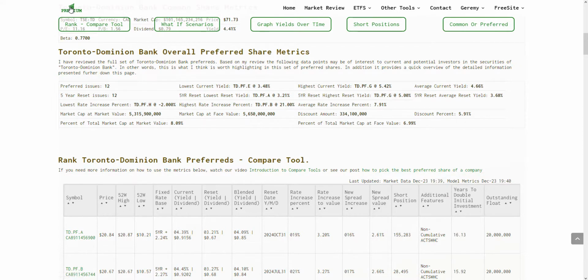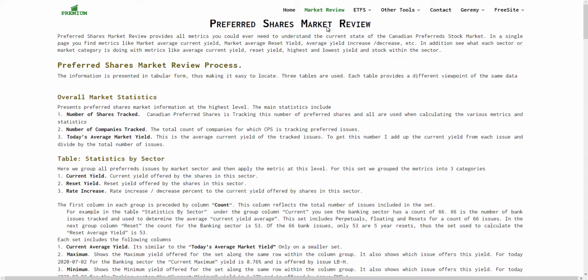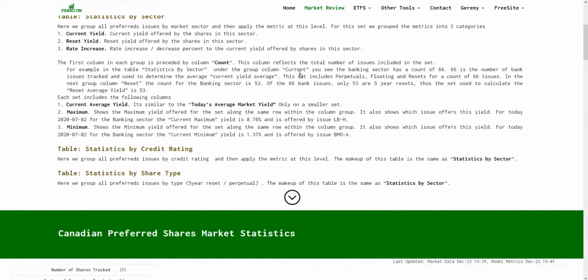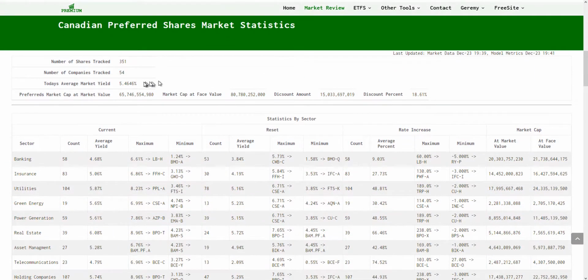Let's compare TD yields to the banking sector averages. From the menu, select Market Review. As you can see, today's average market yield is 5.46%. This is the average yield across all preferreds.